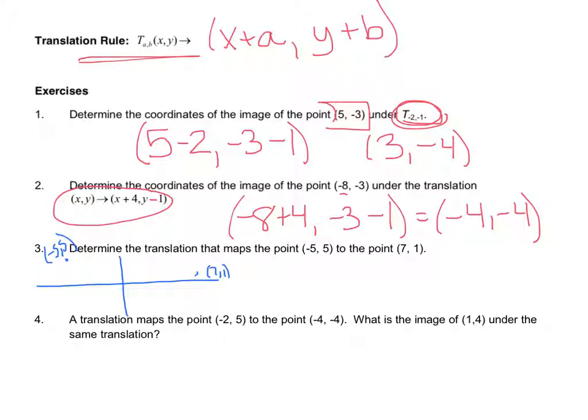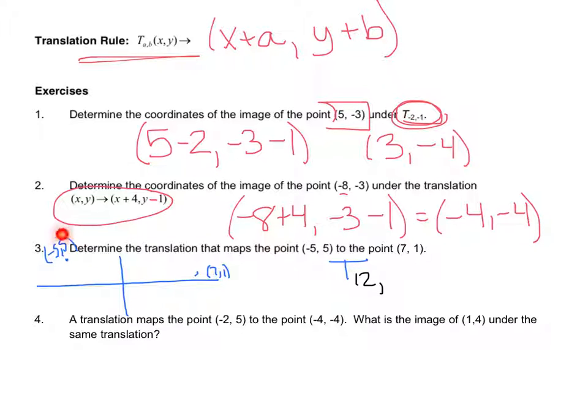Okay, so our x value, we need to know how far we're traveling to the right. So we know it's a positive because we're going from -5, 5 over to 7, 1. So the distance from -5 to the y-axis is 5. From there all the way over to this point is 7. So the total distance is 12 units to the right. And then we need to figure out how far down.